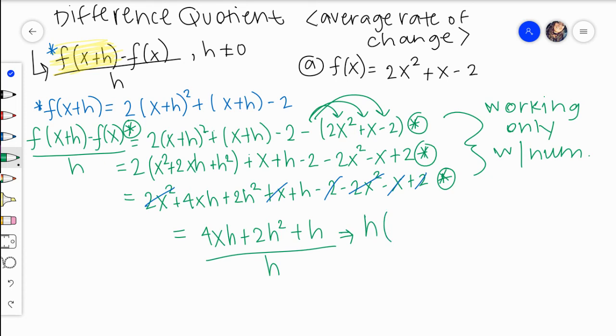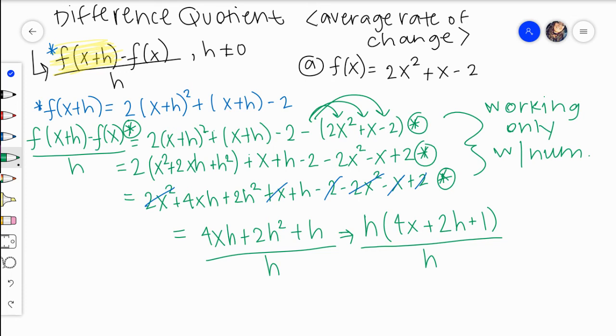Basically, what we're doing here is division. And if you do 4xh divided by h, you get 4x. And then if you do 2h squared divided by h, we would get a positive 2h. And then if you do h divided by h, you would get 1. And that's a positive 1. And all of that is over h.